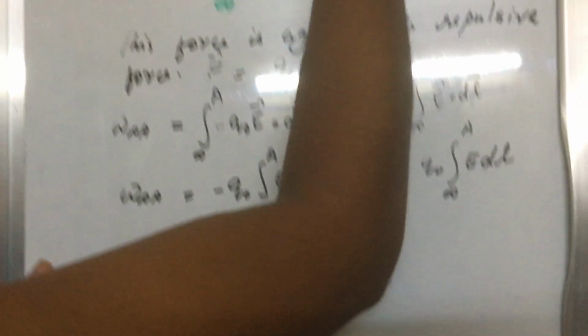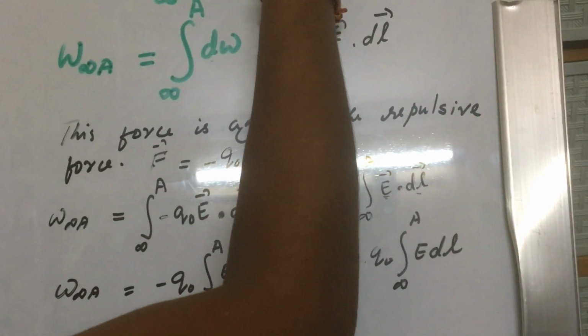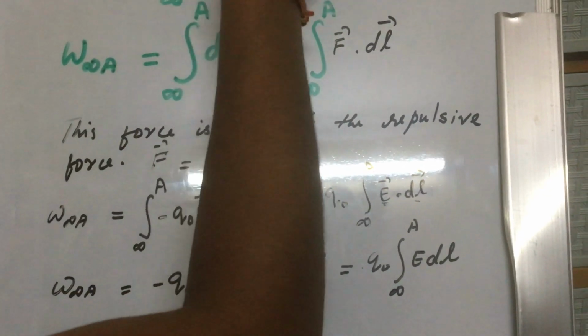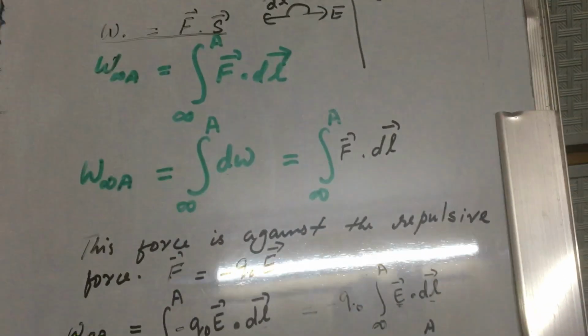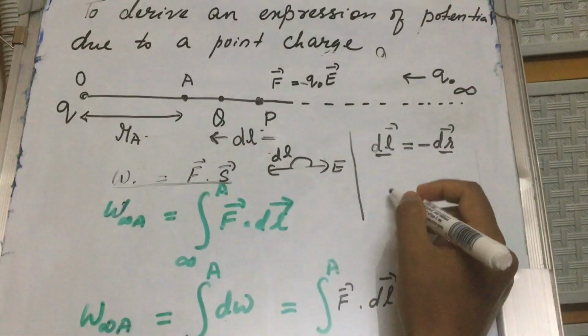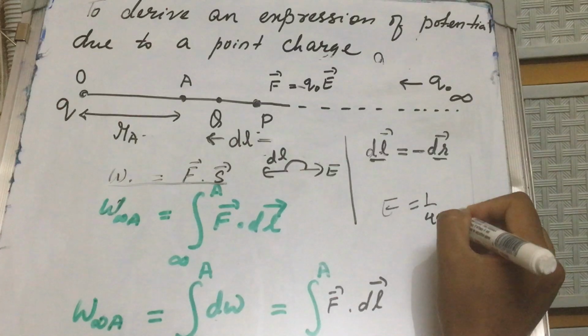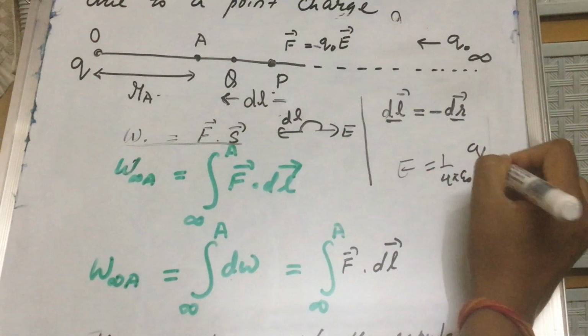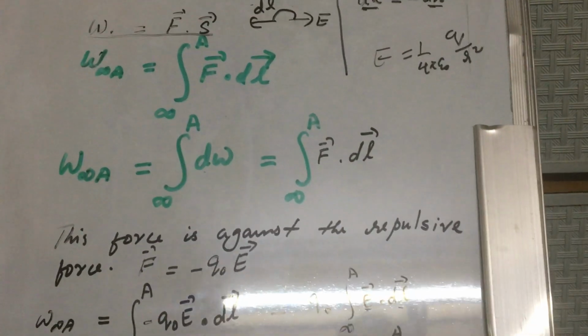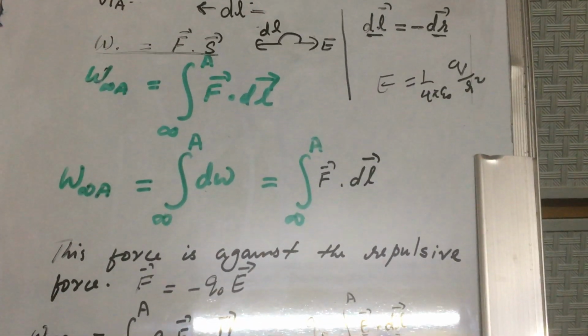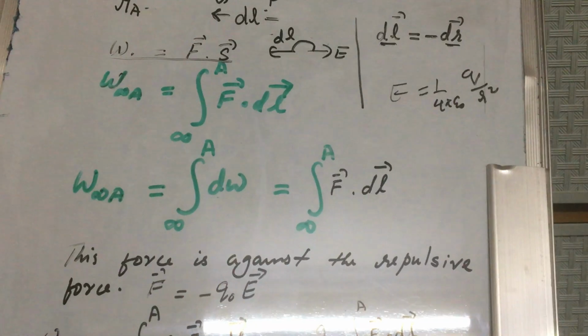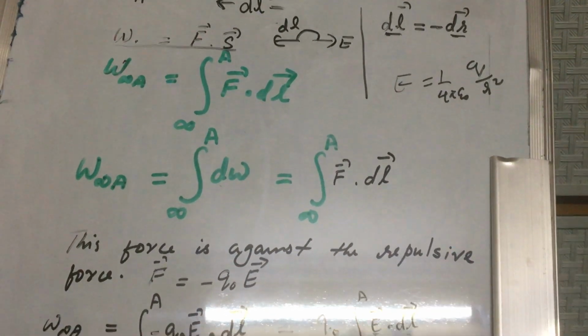Now what will be the electric field at this point? Over this whole distance, the electric field is the same as we considered, right? So the electric field due to a point charge is what? 1 by 4 pi epsilon naught q by r square. This derivation we already did. Now we are going to put in the electric field expression and integrate it.